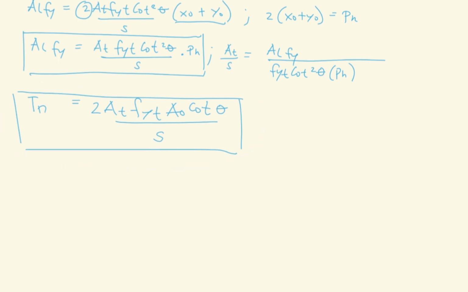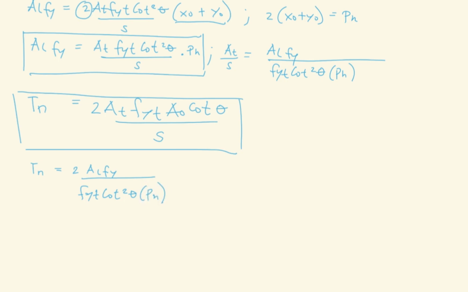Okay, so we have T sub n equal to 2 times AL fy divided by fyt cotangent squared theta multiplied by pH.